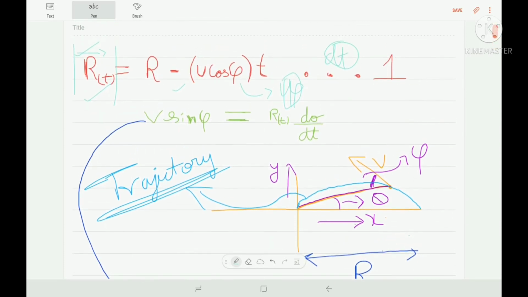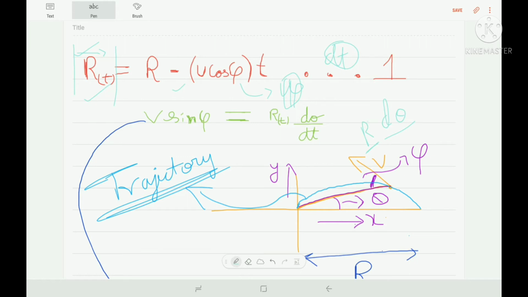So we can say that r(t) into d theta, which is a small displacement that has happened in the dt time, into r. Remember, this r I have assumed to be constant for a time interval of dt.